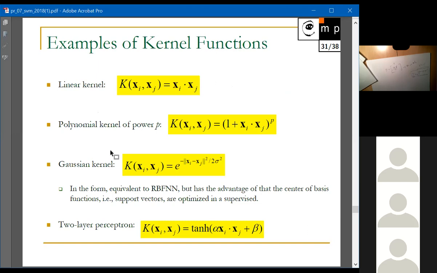If we look at SVM, people have experimented with many kernel functions, especially when SVM was the most popular machine learning tool. Practically these days, people use only three types.